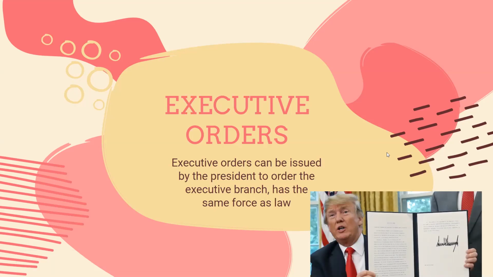One of the more famous executive orders would be when FDR used an executive order to put Japanese Americans and Japanese citizens in concentration camps after the bombing of Pearl Harbor.